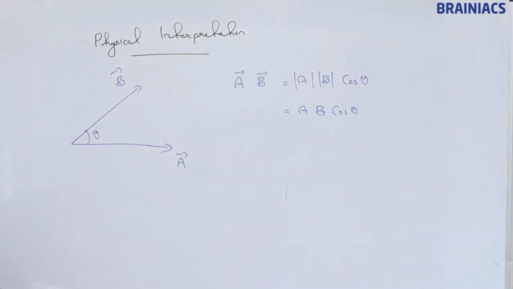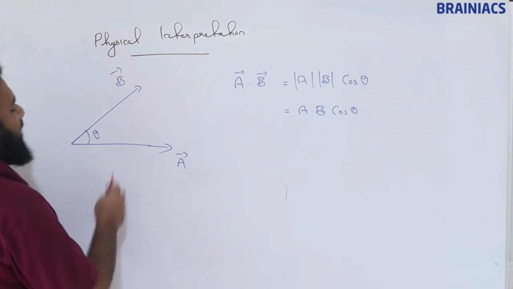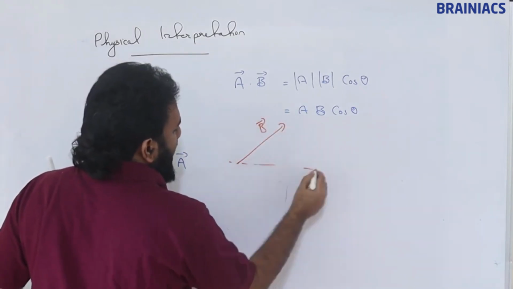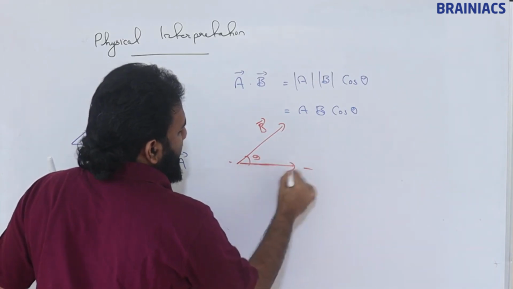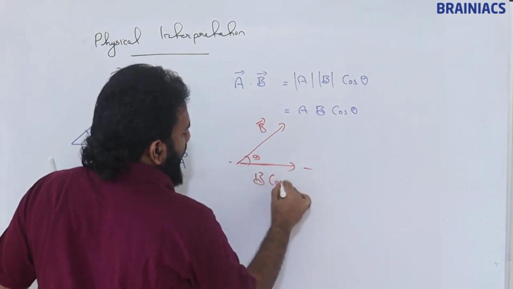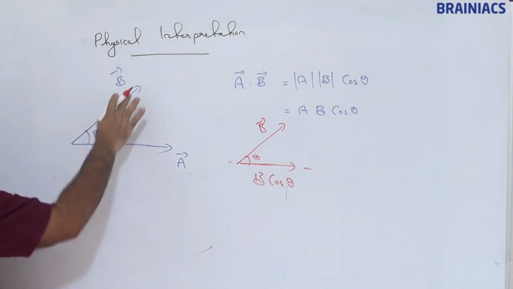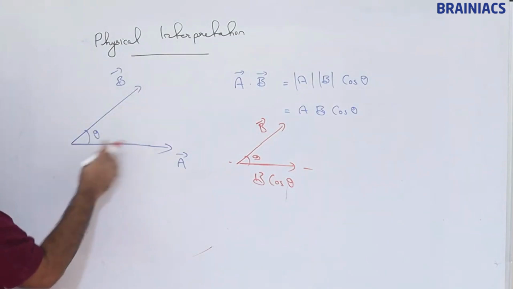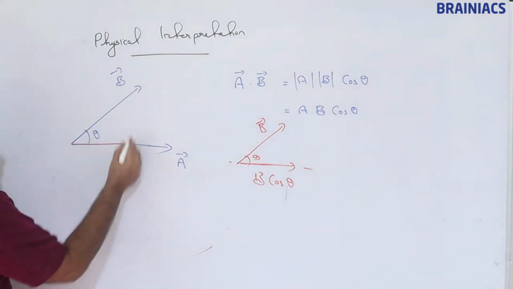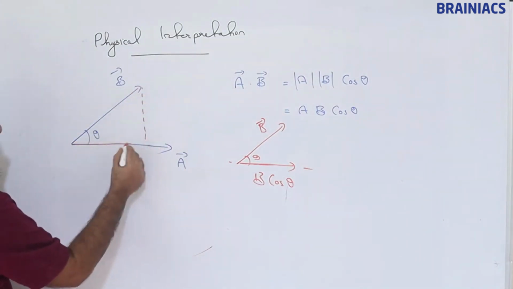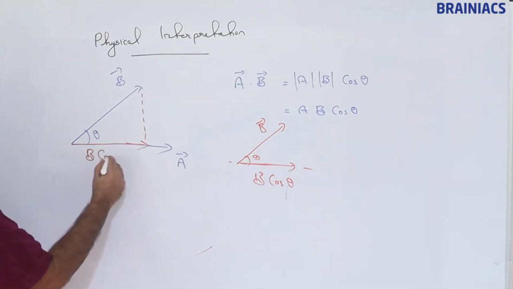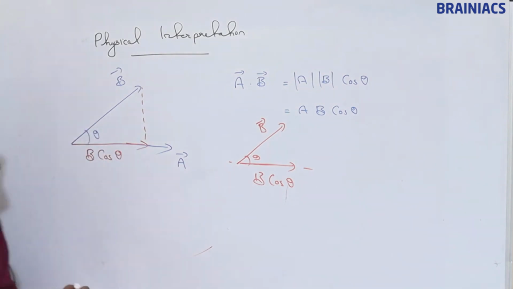Now, if we know how to take the resultant: suppose this is vector B and this is theta, then this is B cos theta, as we have studied. Now if we take the component of vector B along A, this is B cos theta.